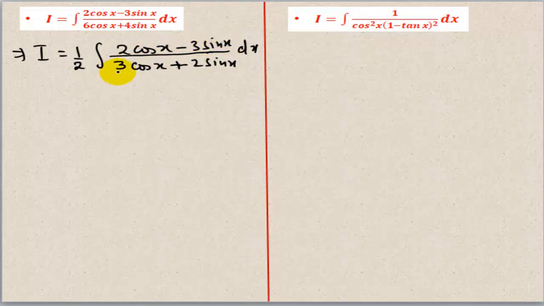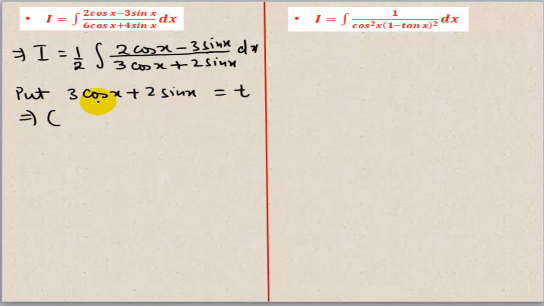Now you can easily make out which part should be used for substitution. If we put the denominator, which is 3 cos x plus 2 sin x, as t, let us see what will be its derivative. Derivative of 3 cos x will be minus 3 sin x, because derivative of cos x is minus sin x.